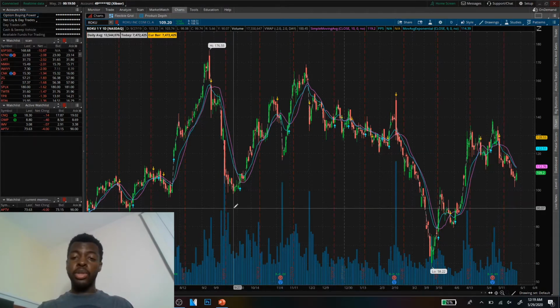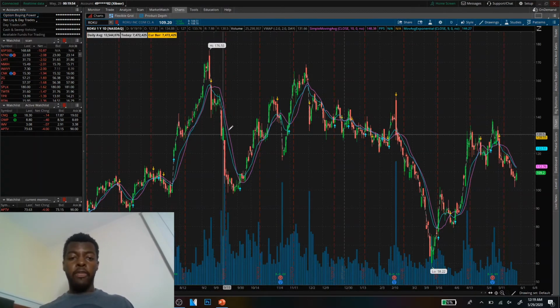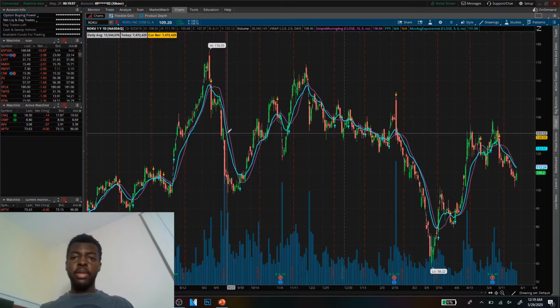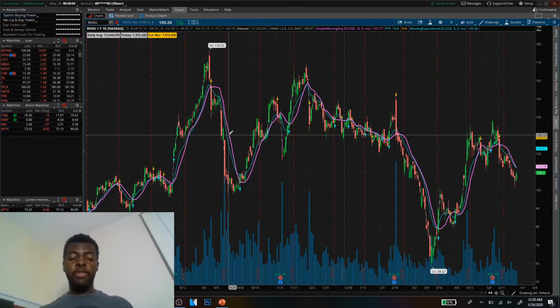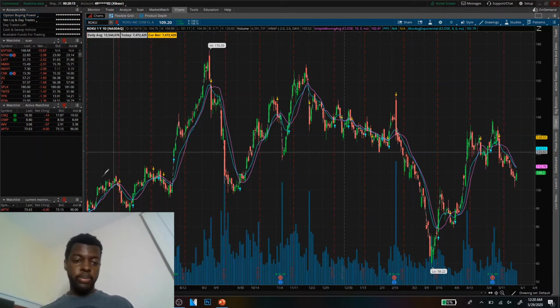The layout, the charts, all the information and data that you get from Thinkorswim is just absolutely phenomenal. I love their charting platform, and if you're looking to get into trading, I highly recommend you get this platform as well. It's free to download. You don't have to pay for any of this. You just download it, and it's accessible on your computer.